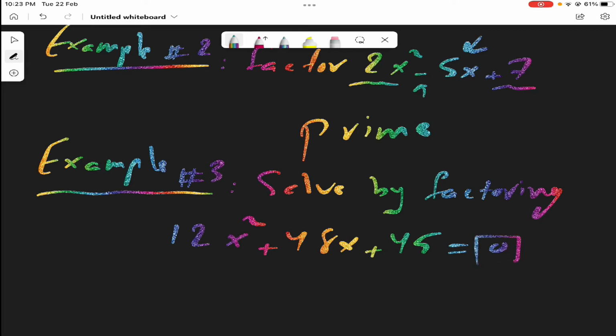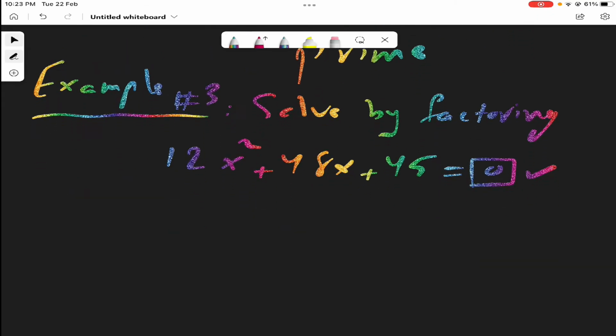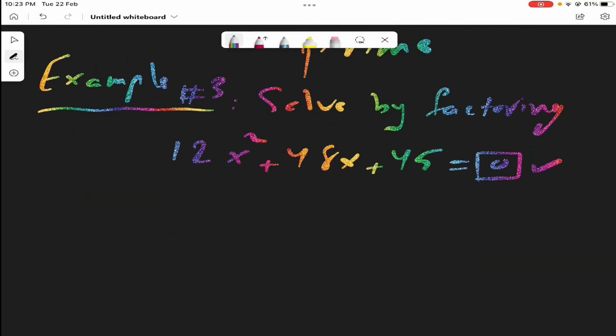And remember, the right hand side in solving must be 0. Also, you can see that 12, 48, and 45 can be divided by 3. So the greatest common factor is 3.